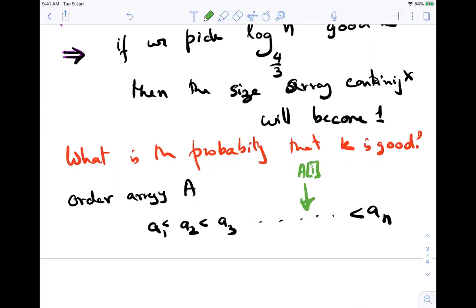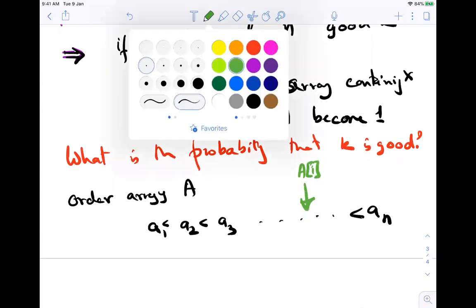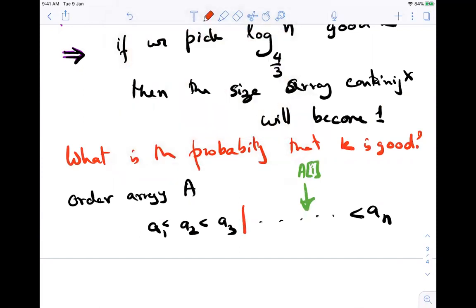right? And if this A of I is between the n by 4 and 3n by 4, then we are in very good shape. Right, we are picking up a random I, which means that we are picking up, because I don't know the ordering of A, right, initially.